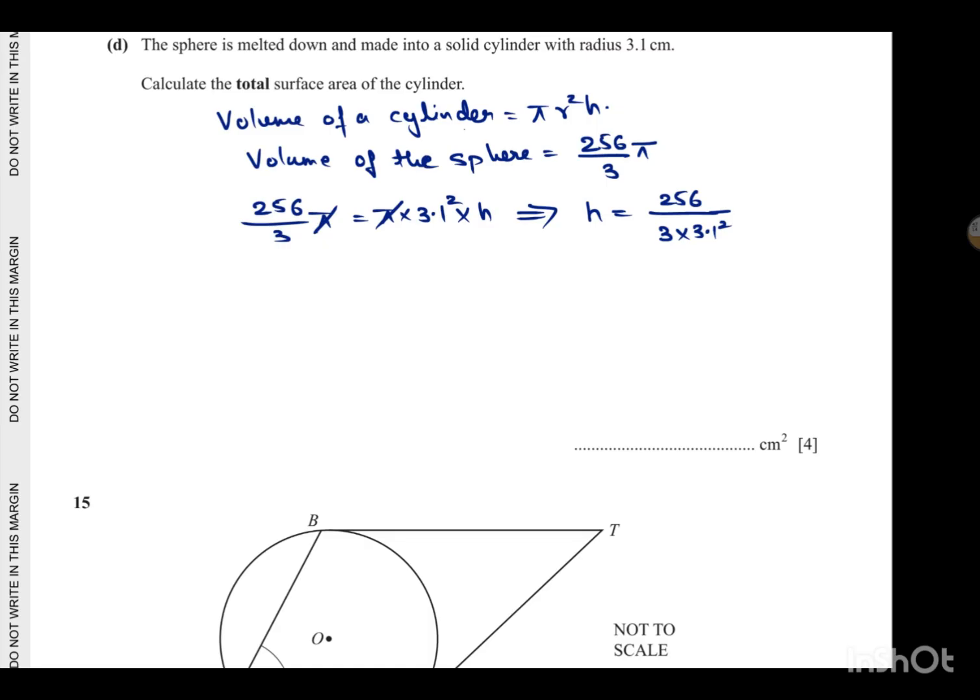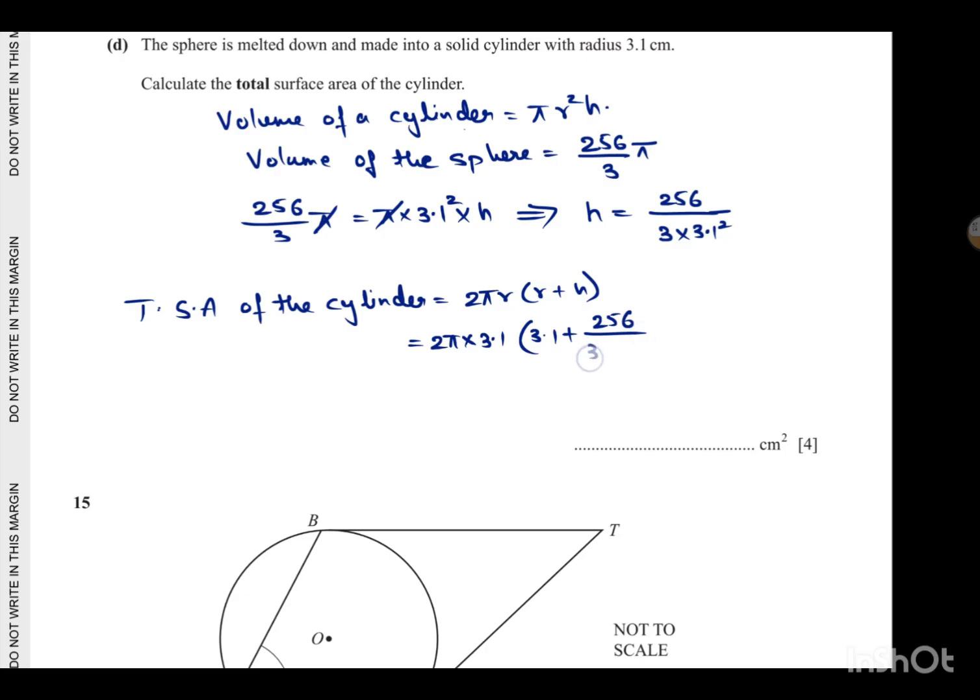because we need to find out something else also here, that is the total surface area of the cylinder. So total surface area of the cylinder is equal to 2 pi r into r plus h. Just write down the values as they are, 2 pi into 3.1 into 3.1 plus 256 by 3 into 3.1 square.